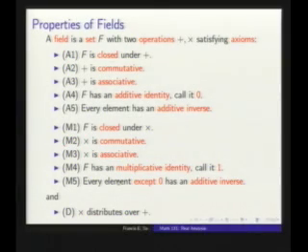Commutative means A plus B equals B plus A. Associative means you can group in any collection you want. If you do A plus B first and then add C, it's the same as if you add A to B plus C. The additive identity is what leaves a particular element unchanged. A plus a 0 element is A. An additive inverse means that there's something you can add to a particular element A to get the identity.